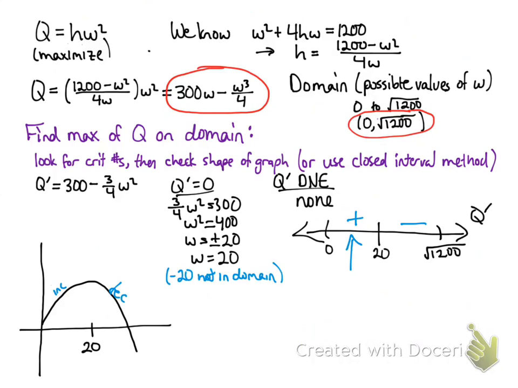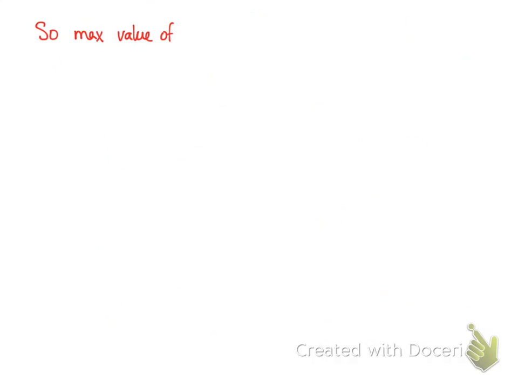But because that's all that happens on our domain, that local maximum is actually a global maximum, an absolute maximum, because there's no other up and down. It just goes up to that point and then down. That actually is the highest point. We can see that from the shape of the graph. So we wanted the maximum of the function, and we have found that the maximum value of the function q will happen when w equals 20.